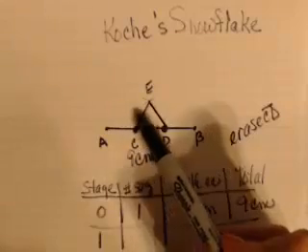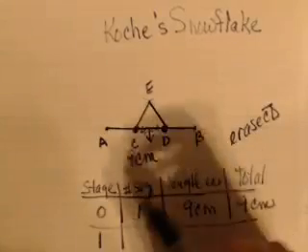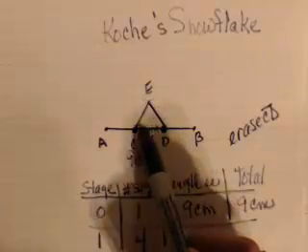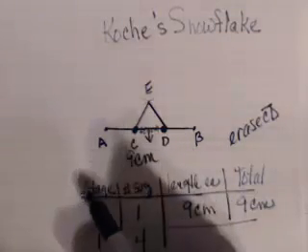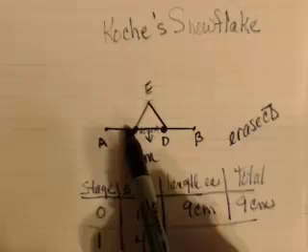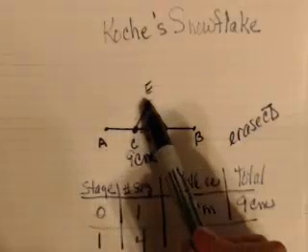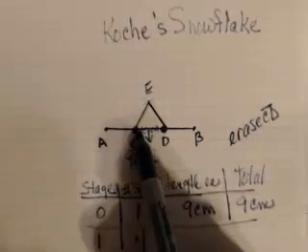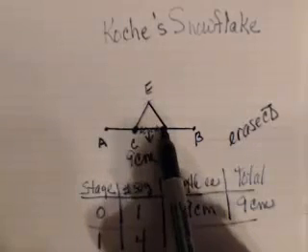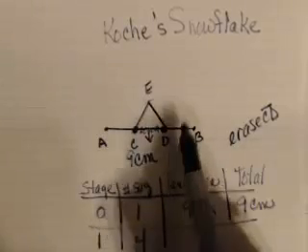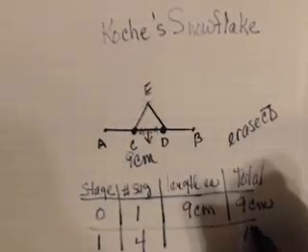In stage 1, I now have 4 segments. Now this little fella right here is gone. And this is 3. So are these 3, because I made them the same as CD, which was 3. So 3, 6, 9, 12 is the total.